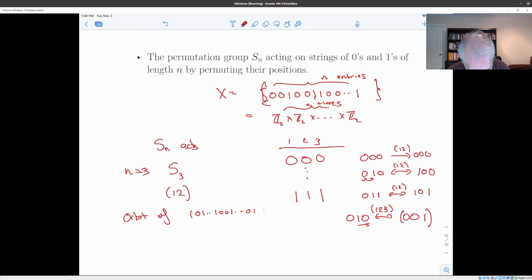So if I call this x, x is always going to be G-equivalent to something of the form 0, 0, 0, 0, 0, 1, 1, 1, 1, 1. So two x's are in the same orbit, x is equivalent to y, if and only if they have the same number of ones.